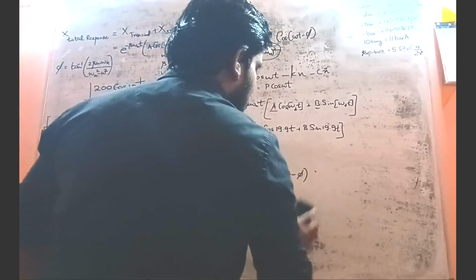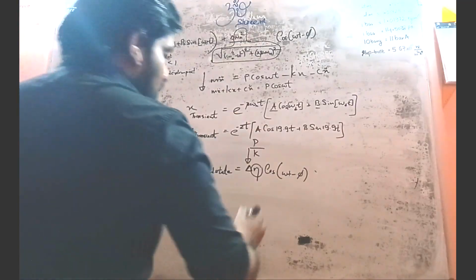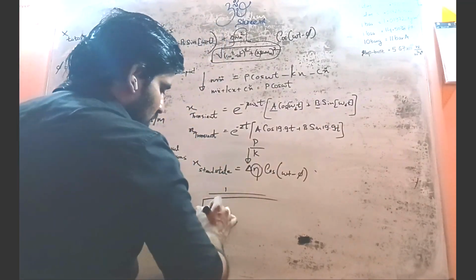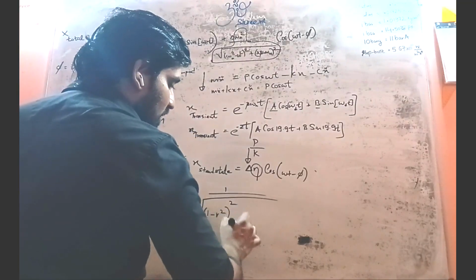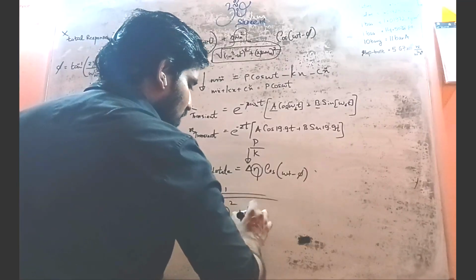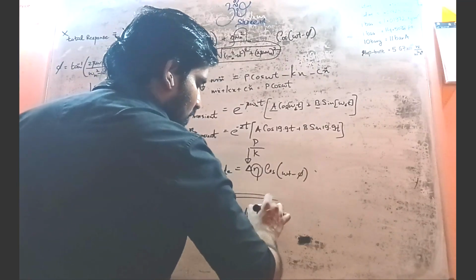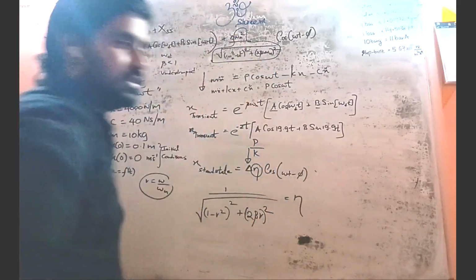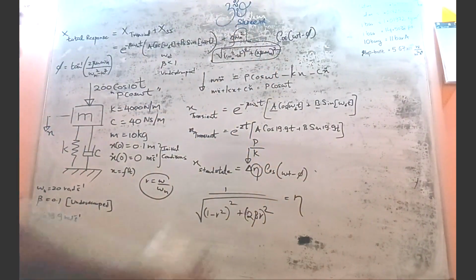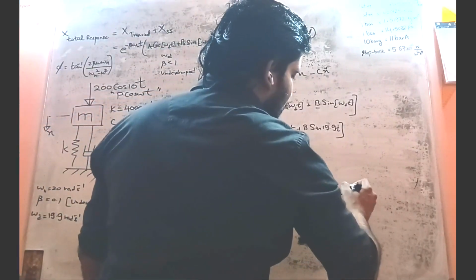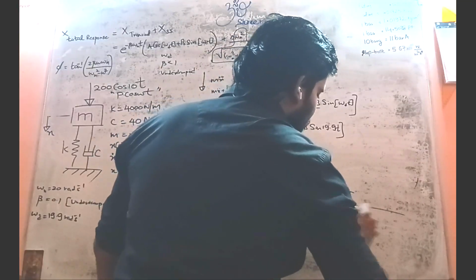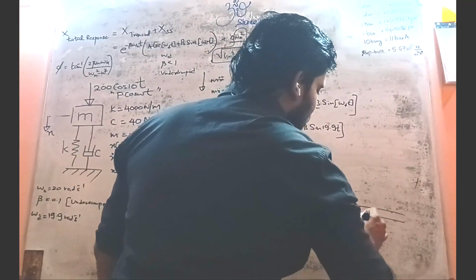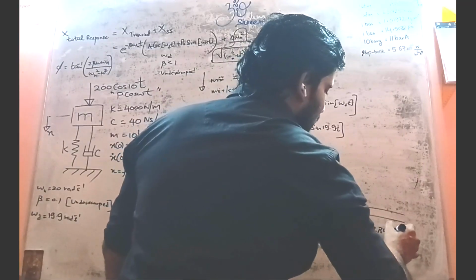What is the simplified version that we could obtain? 1 divided by the square root of 1 minus r squared, whole thing squared, plus 2 beta r, whole thing squared. This is what we define as dynamic magnification, theta. Previously we had omega n squared divided by the square root of omega n squared minus omega squared, whole thing squared, plus 2 beta omega n, whole thing squared.